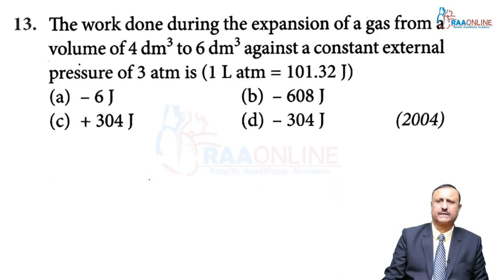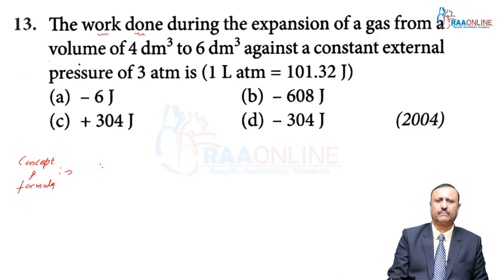The work done during the expansion of a gas from a volume of 4 to 6 against a constant external pressure of 3 atmosphere. My dear students, when this type of question is asked in NEET exams, work done during expansion means you can use the work done concept and formula.